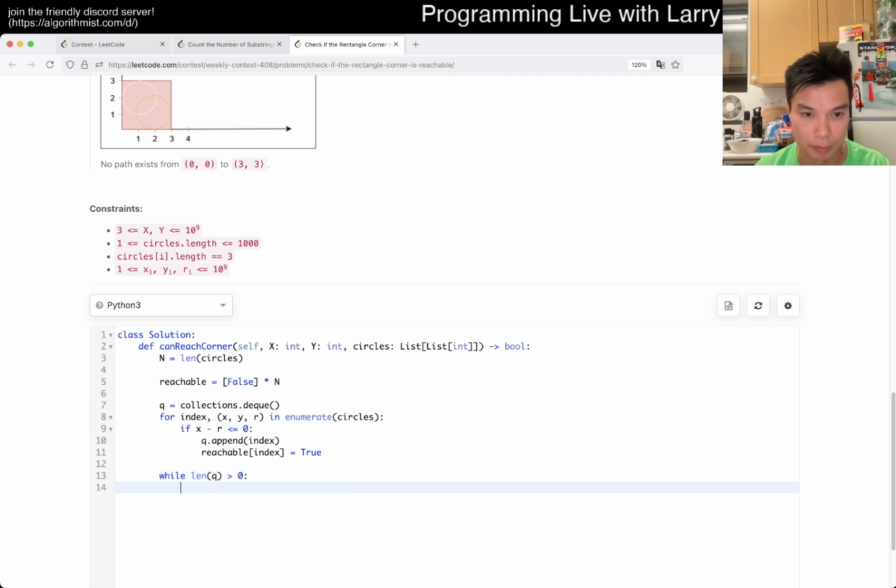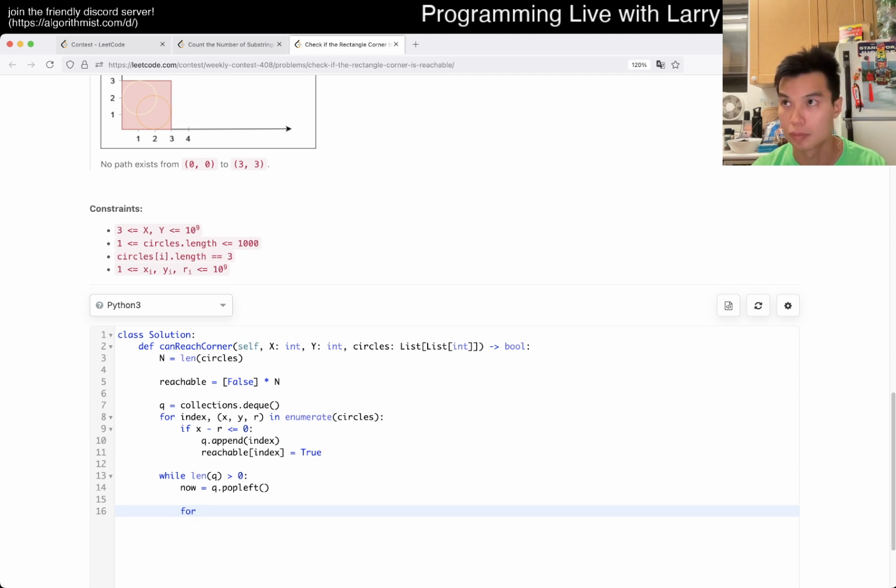Come on. Stop prematurely optimizing that.